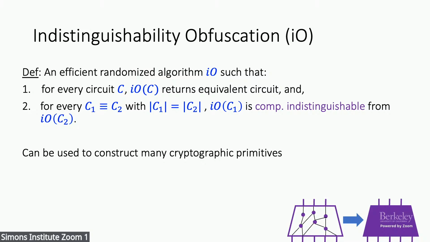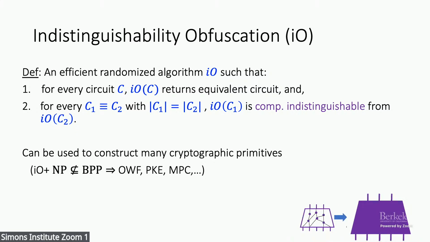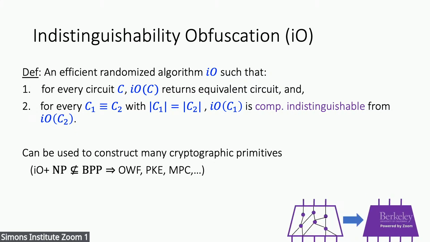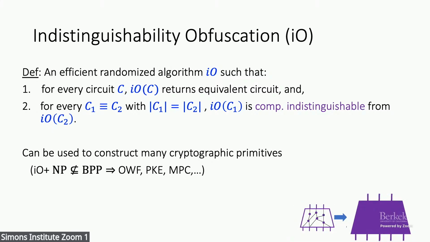Using obfuscation and the assumption that NP is hard, we can construct many useful primitives: one-way functions, public key encryption, multi-party computation, and much more. But this ugly drawing hides the fact that obfuscation makes the circuit larger. It can take a small circuit and output a larger circuit, and this is the overhead of the obfuscation.